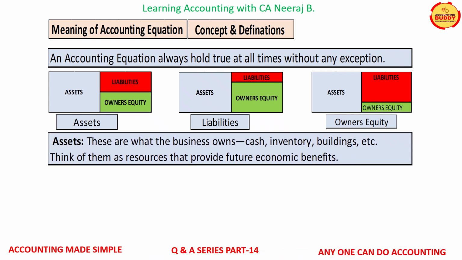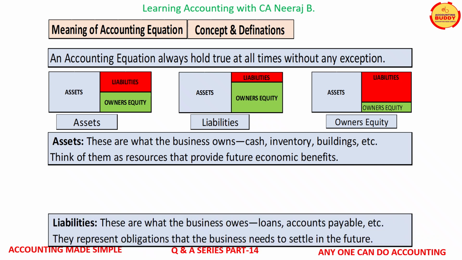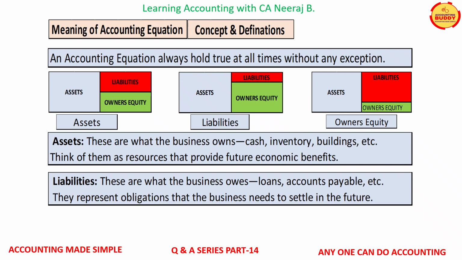Now let us quickly recap the meaning of the terms assets, liabilities and equity. First, assets. Assets are what business owns and control, like cash, inventory, building, etc. These are properties and resources that provide present and future economic benefits to the business. Now liabilities are what business owes to the outsiders. Loans, accounts payable are some of the examples of liabilities.